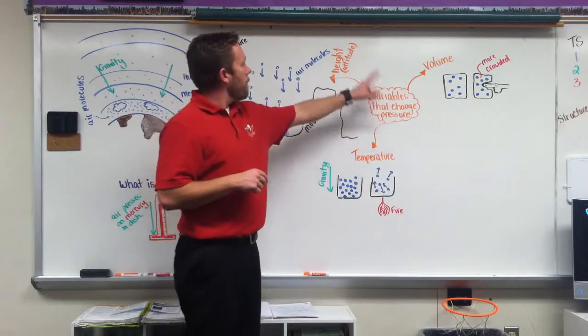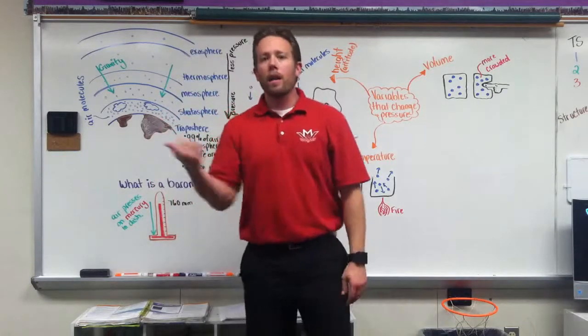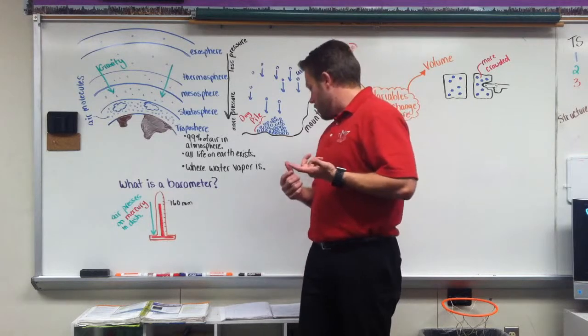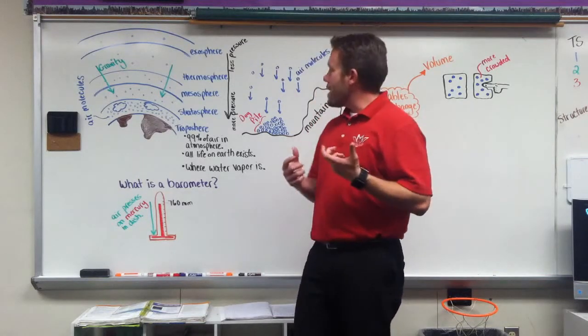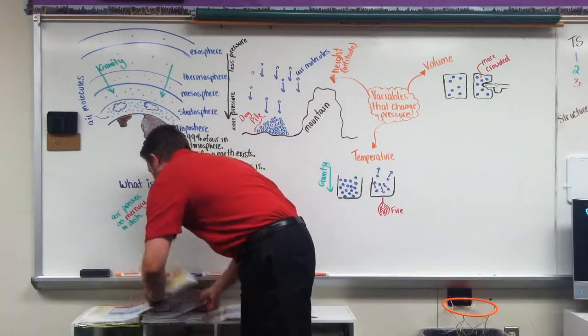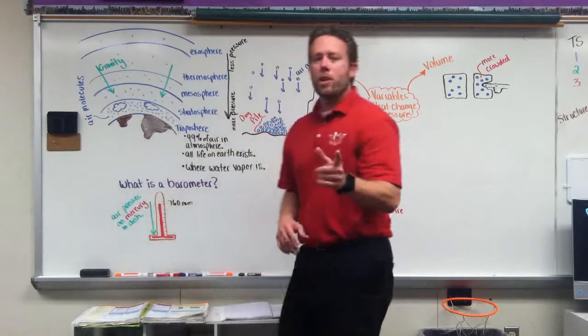Okay, we talked about volume, we talked about altitude, we did talk about temperature. Lastly, let's just talk about a couple different devices that are used to measure pressure. One of them is a barometer, and you can see a picture of that here.